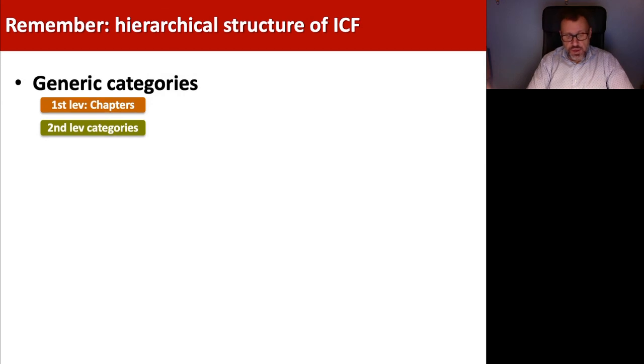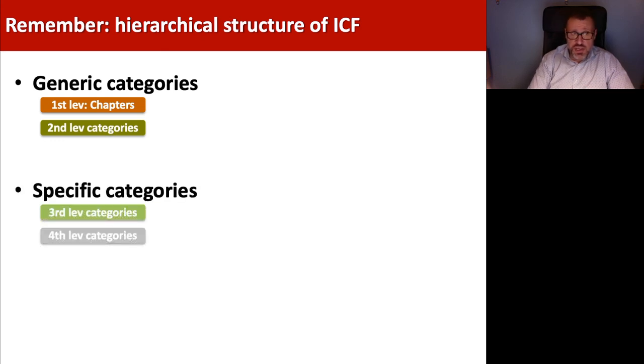So we have to remember that the ICF is a hierarchical structure in which we have four level categories. First level categories and second level categories are generic categories, which actually fit most purposes. The second level categories are quite often informative and can be used to describe functioning in most individuals.